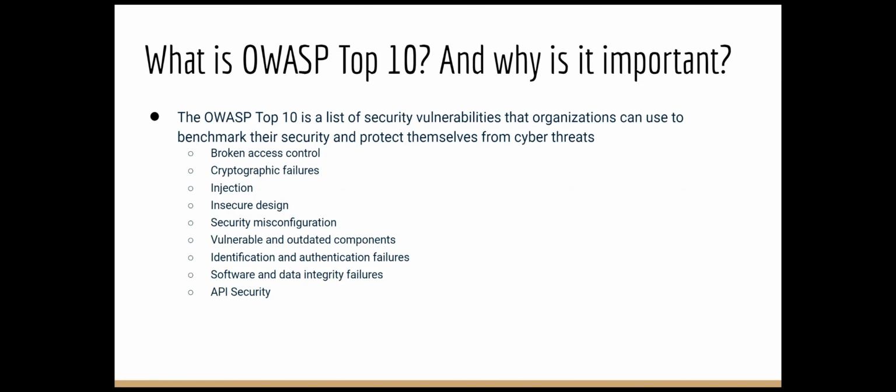It is very important that they have all the 10 vulnerabilities in a priority order. So it's very important for every organization to understand OWASP top 10 vulnerabilities and understand the benchmark to protect them from cyber threats.